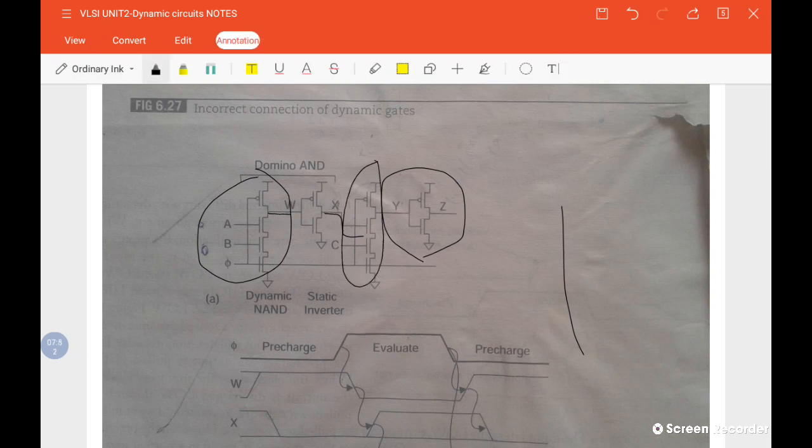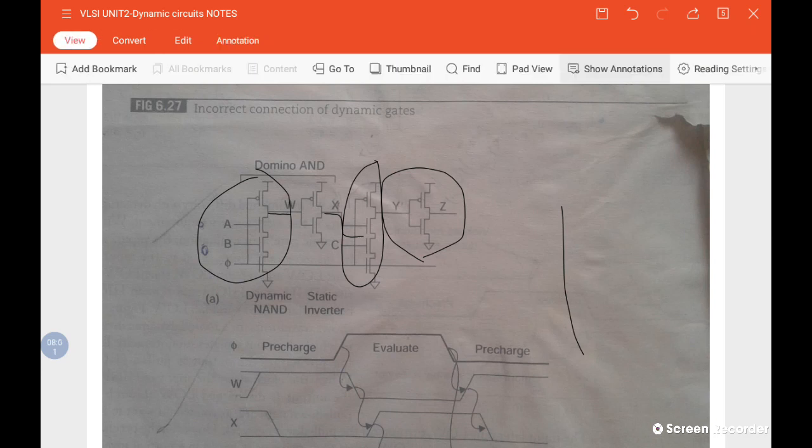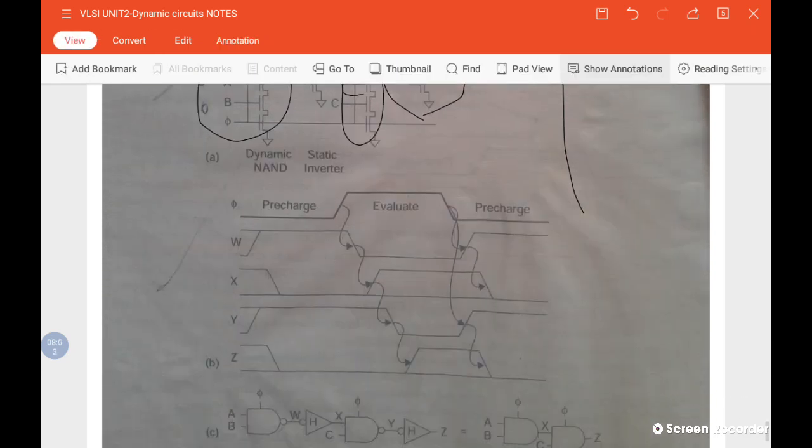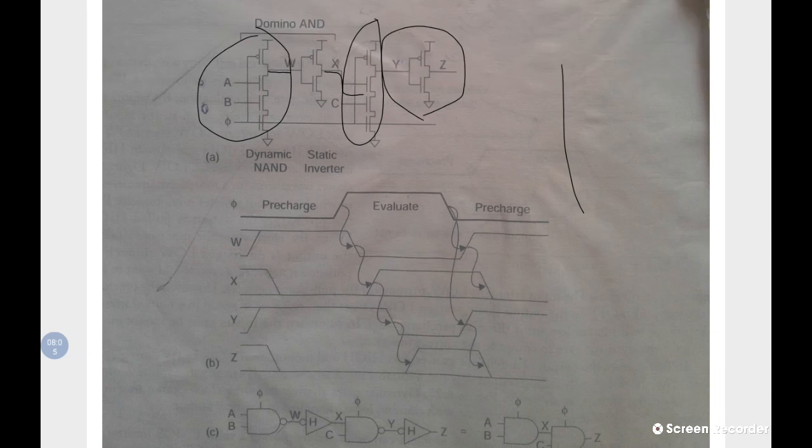In between these two dynamic gates, I connect an inverter. Like that, in the next stage, we have to connect an inverter. What we are trying to do is avoid, during evaluation, your input going to low.